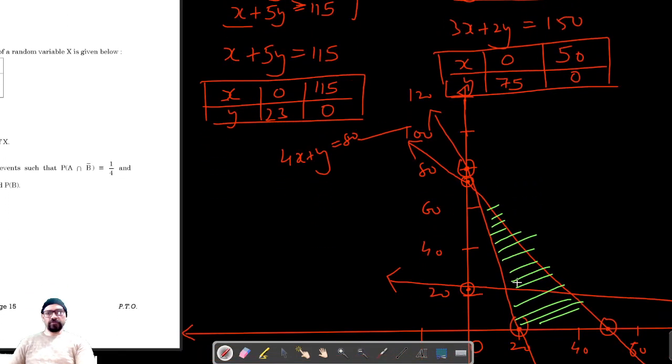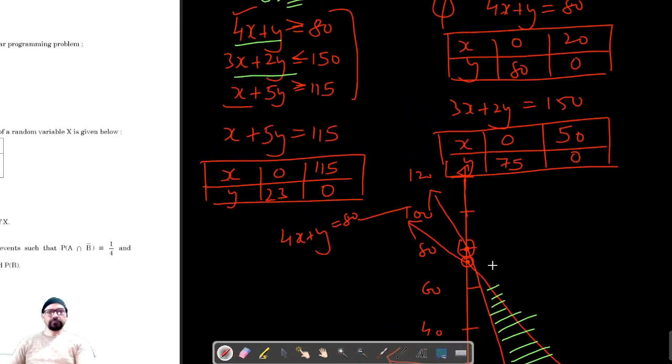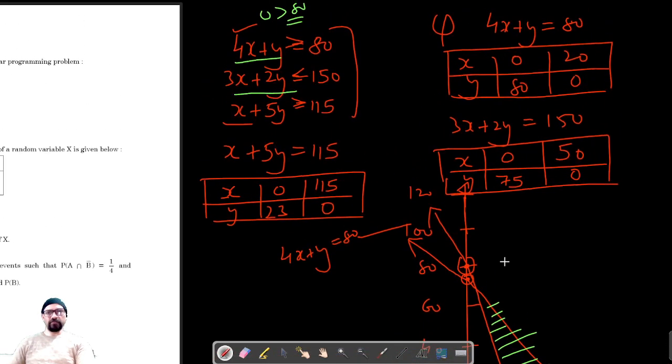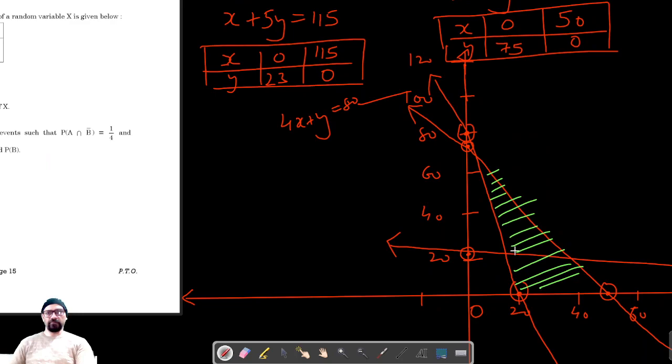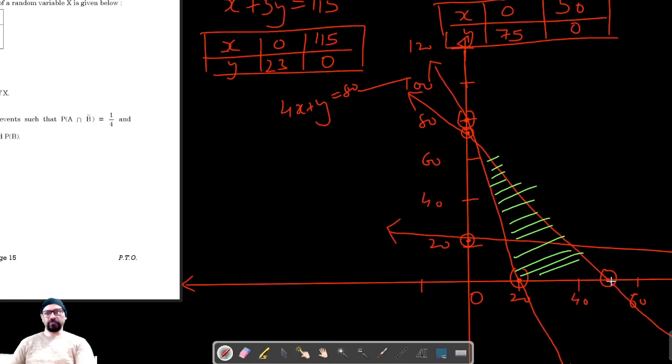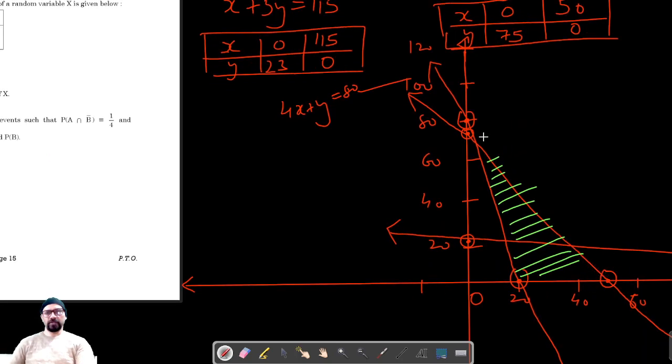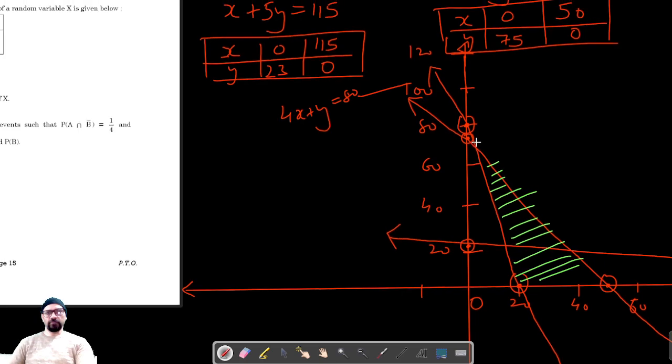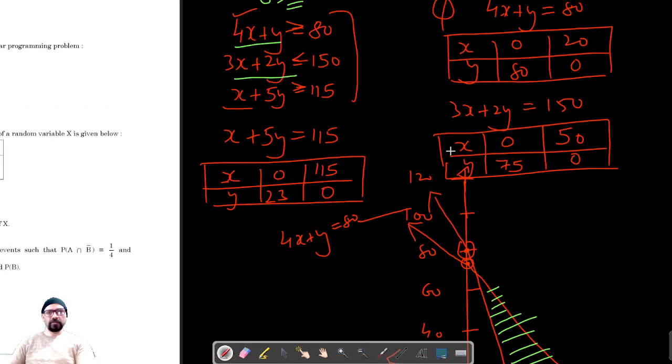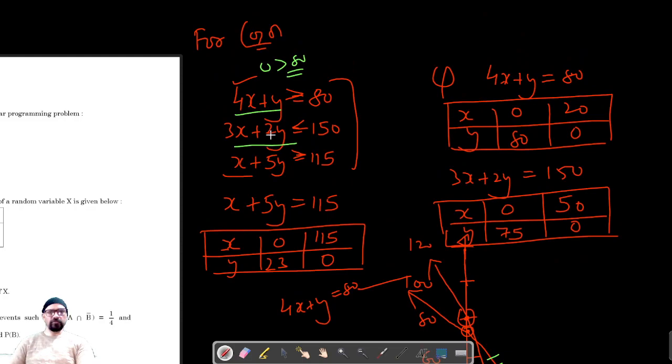This equation was 3x plus 2y less than 150, through 0, 75 and 50, 0. Okay, this is actually true: 0 is less than 150, which is true.